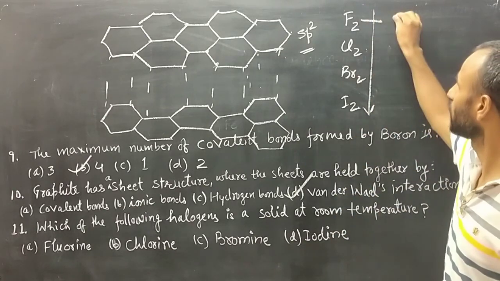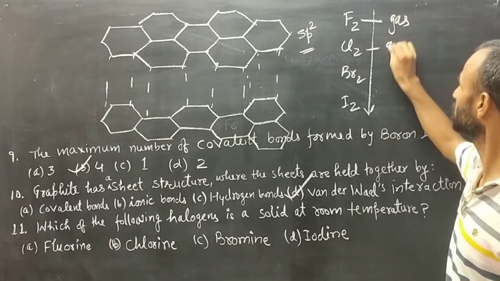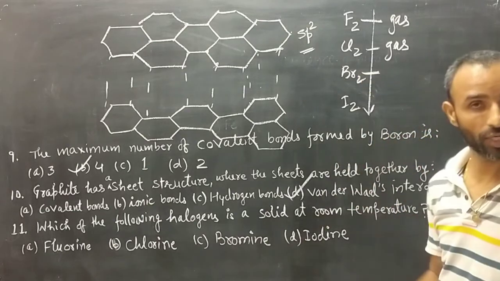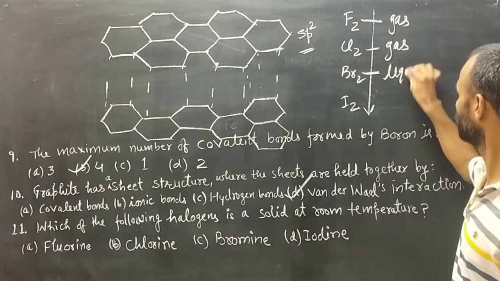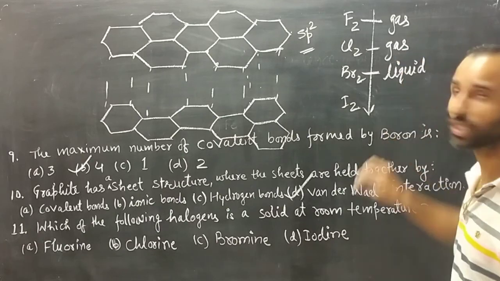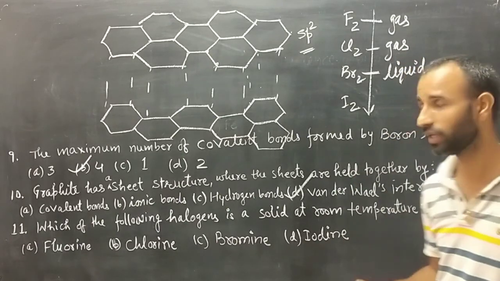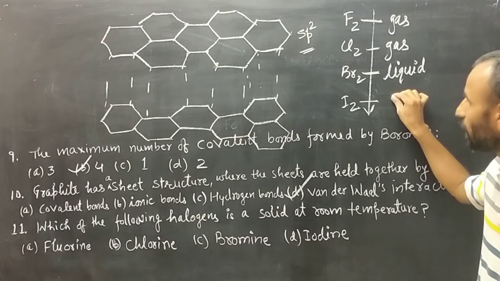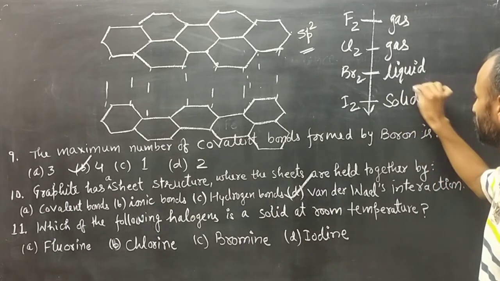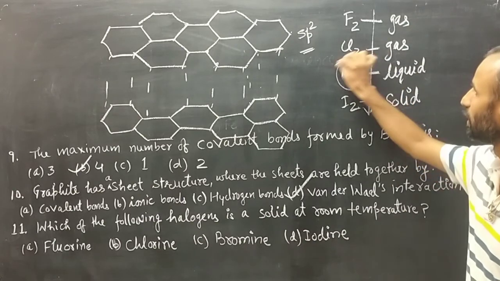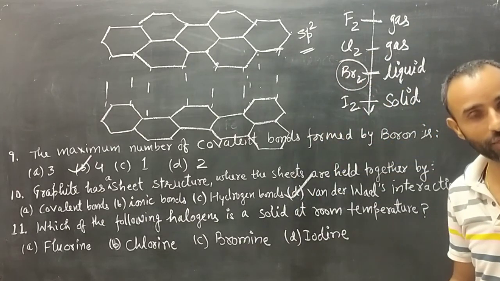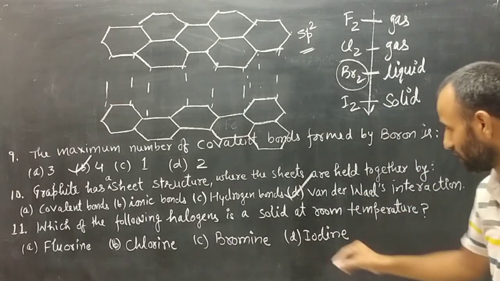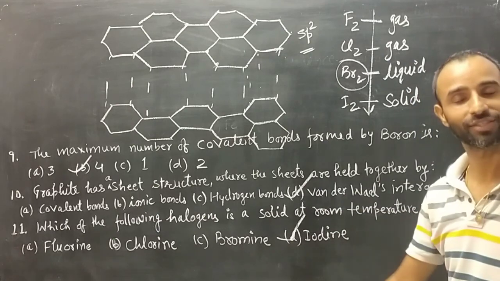So fluorine and chlorine are gases because of weak van der Waals attraction, slightly stronger in Br2, that's why Br2 is a liquid, because there are only dispersion forces as they are non-polar, and iodine, being large in size and of high molecular mass, is a solid. So the only liquid halogen is bromine and the solid halogen is iodine. So iodine is the right answer.